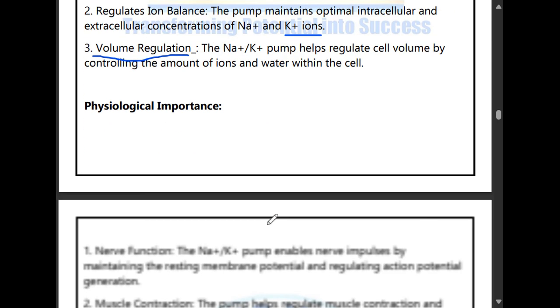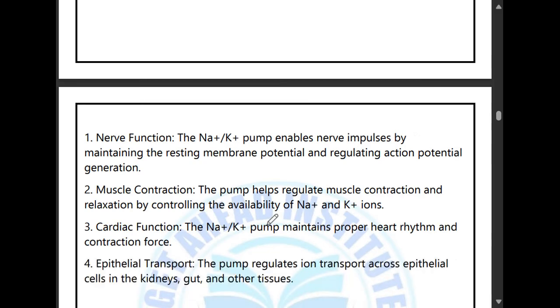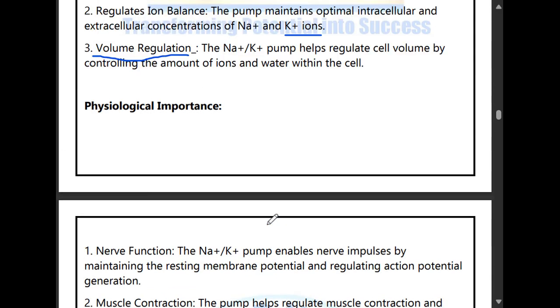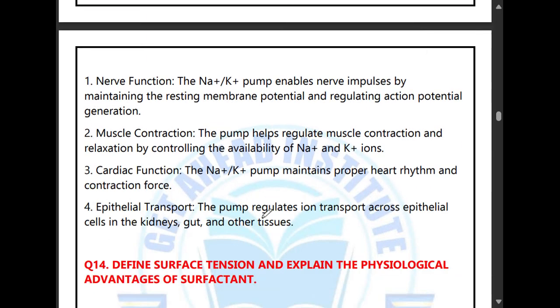Now, when it comes to physiological importance, as our question requires, number one is nerve function. It is important physiologically in nerve functioning because the sodium potassium ATPase pump enables nerve impulses by what?